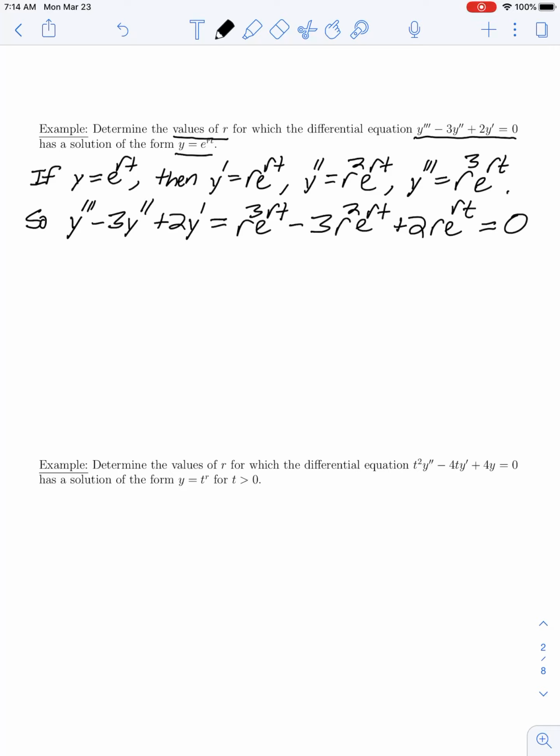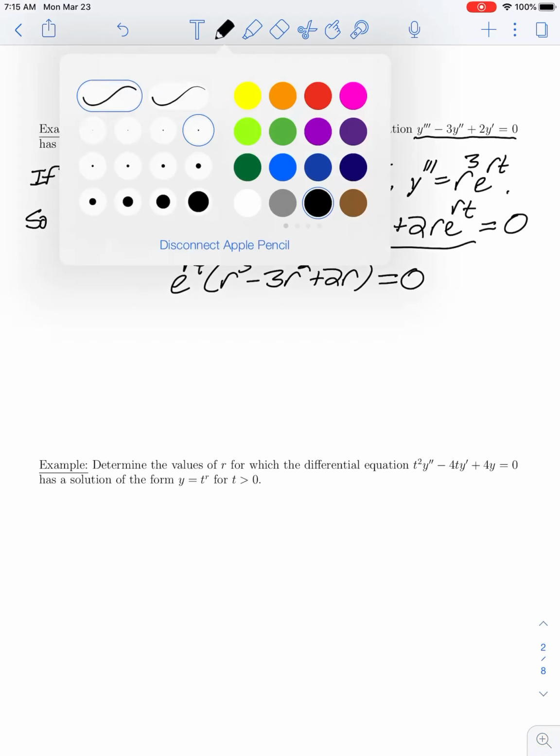So on this left-hand side of our equation, we can now try to solve for r. And we see that we can factor out an e to the rt, and we're left with r cubed minus 3r squared plus 2r is equal to 0.